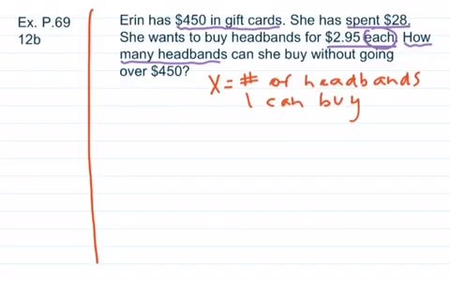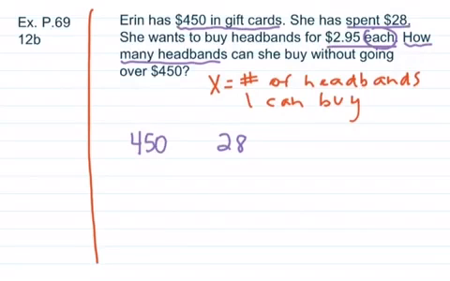Going back to the example, let's set up our inequality. I have $450, so I'm going to put that over here. I'm going to leave a space where my inequality symbol would go. I've spent $28, so that's going to go over here on the other side. And I want to buy headbands for $2.95 each.